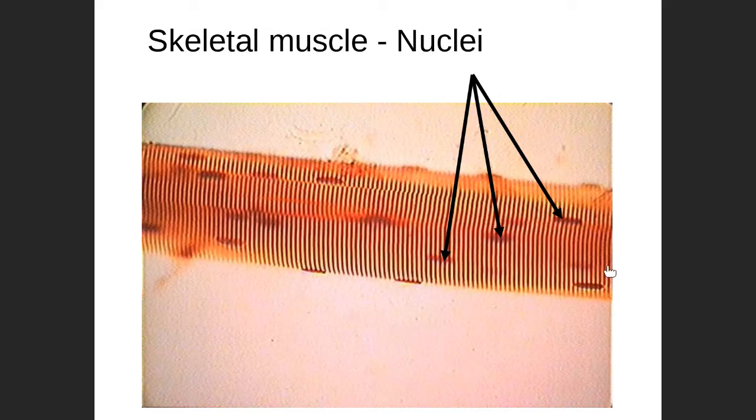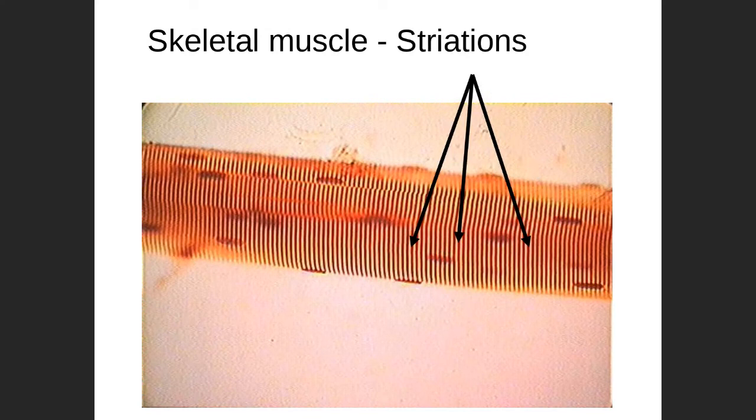And if you also notice, our skeletal muscle cell has a striped configuration to it, alternating dark and light stripes that run the entirety of the skeletal muscle cell, and we refer to those as striations. We'll talk more when we get to chapter 10 about what a striation is.